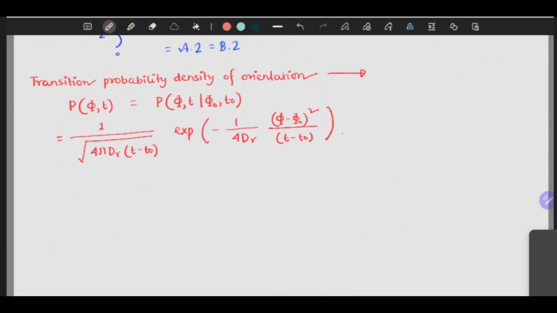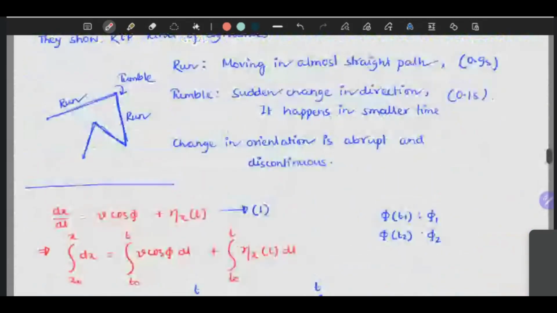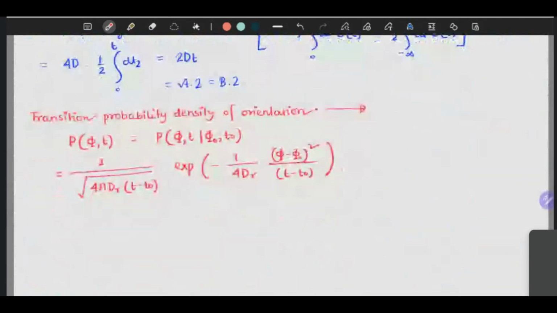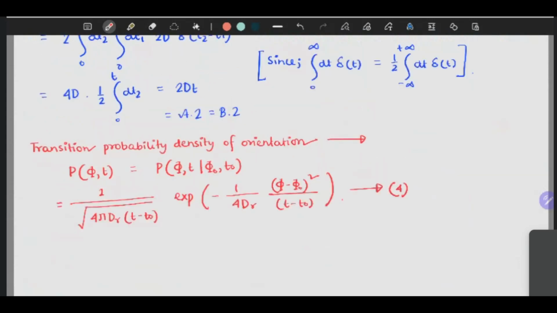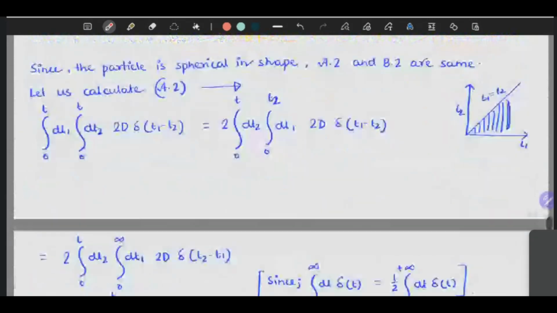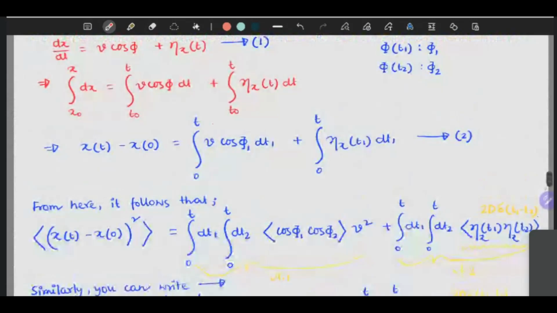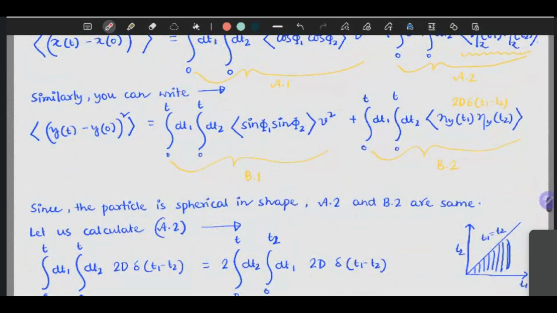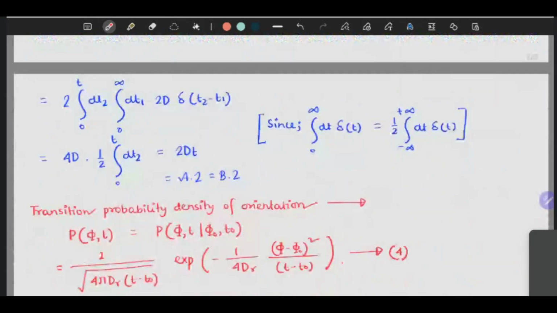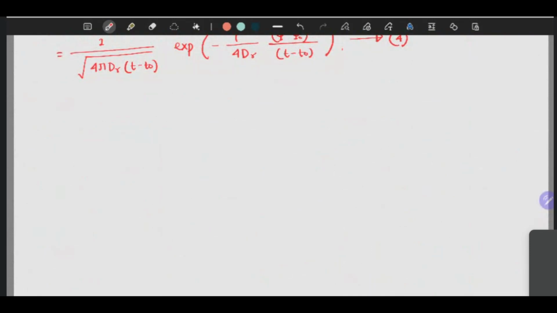Now if this is the expression, this is equation 2, let's say this is equation 4, and this is 3.1 and this is 3. Okay, so now calculate the average of cos phi first.